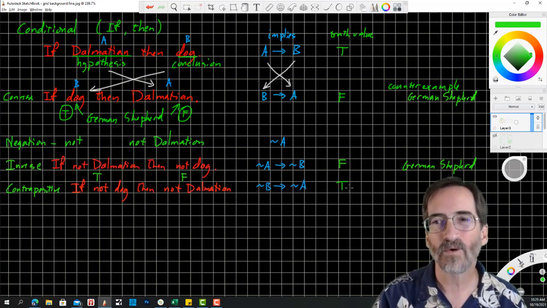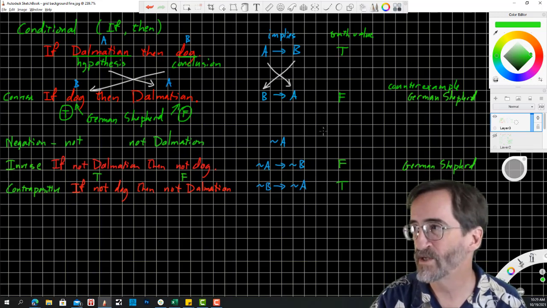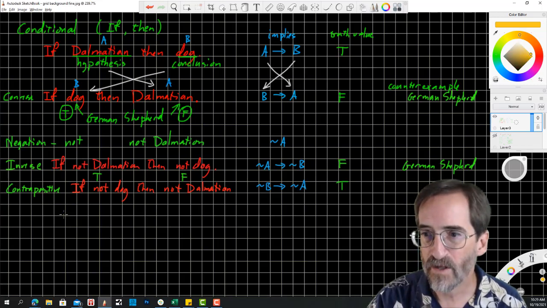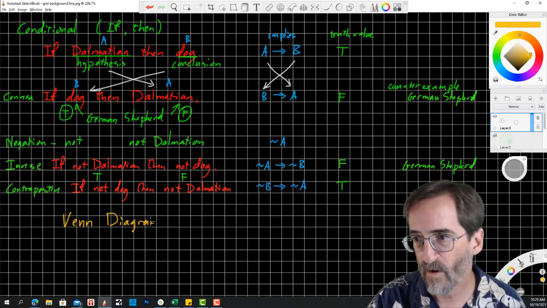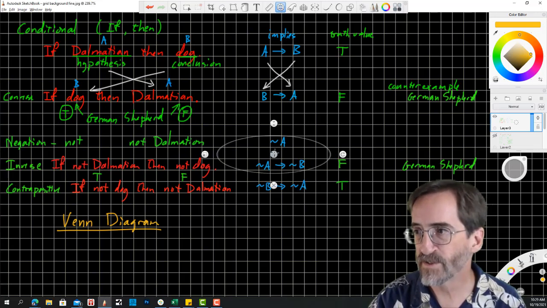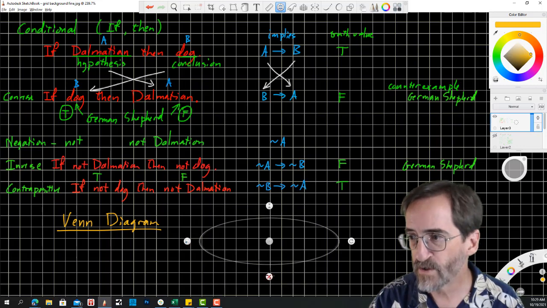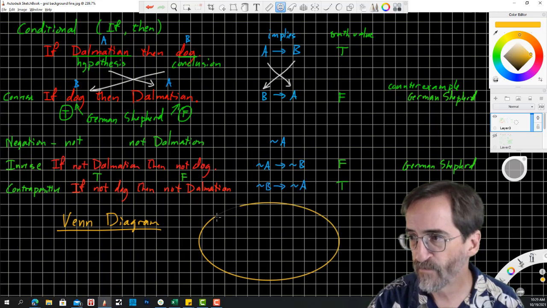This makes a lot more sense when we look at it through the eyes of something called a Venn diagram. So let me bring up a Venn diagram here. Venn, V-E-N-N diagram. Basically a Venn diagram is a way to depict sets.